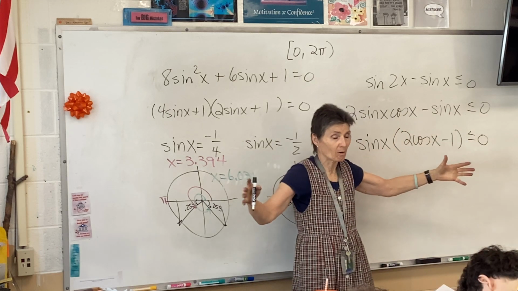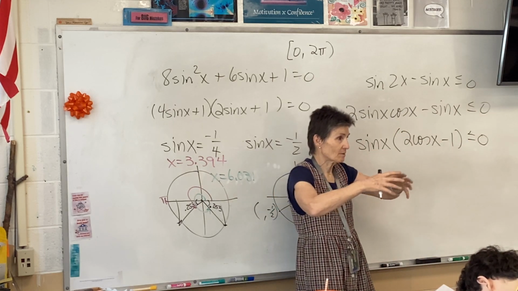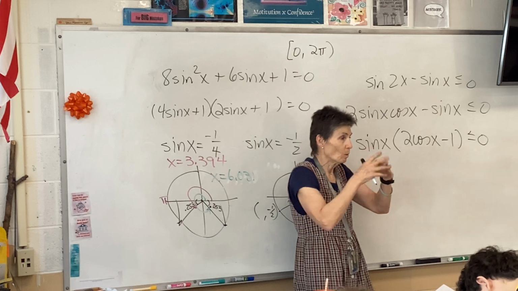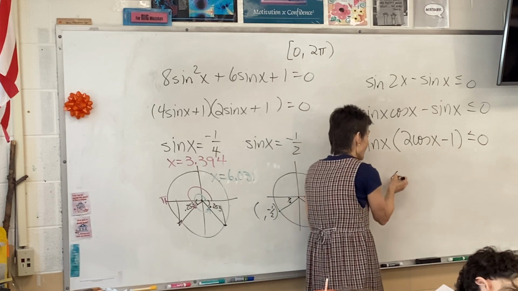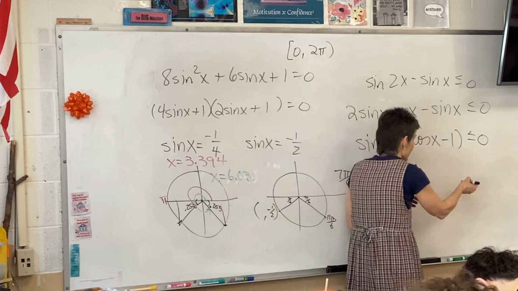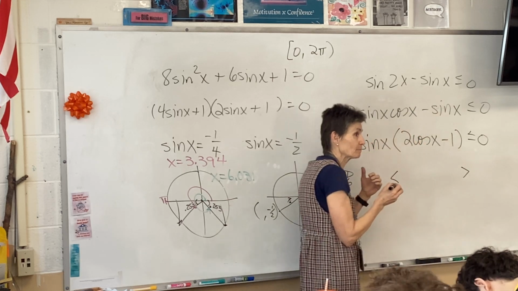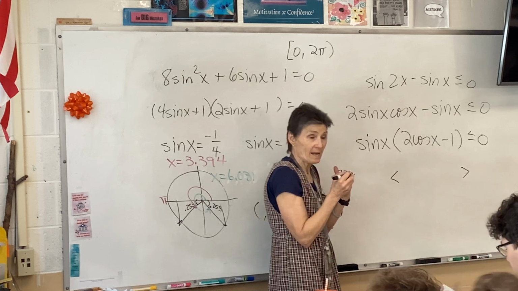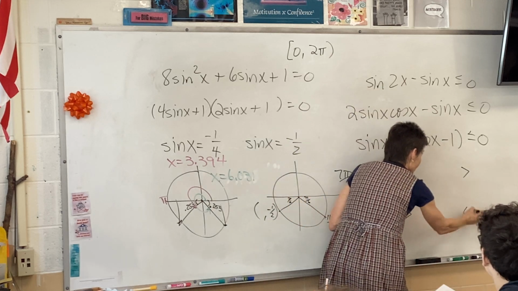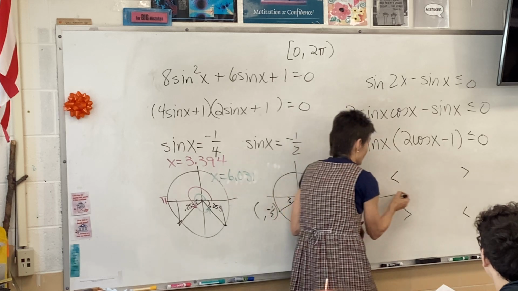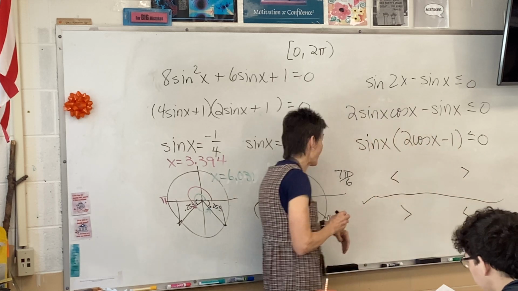Big picture now, I'm multiplying these together and I'm ending up with a negative. What does that mean about the things I'm multiplying? One of them's gotta be less than 0 and the other one has to be greater than 0. And it could be that way, or it could be this way, right? So I've got these two situations I have to consider.